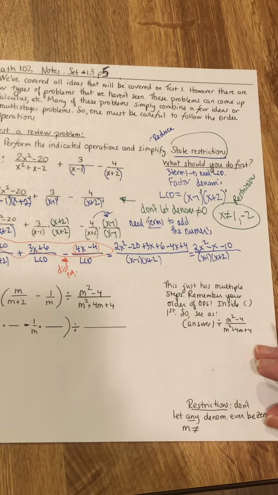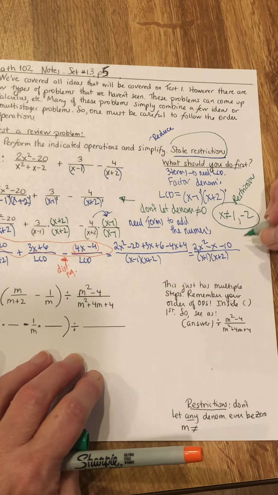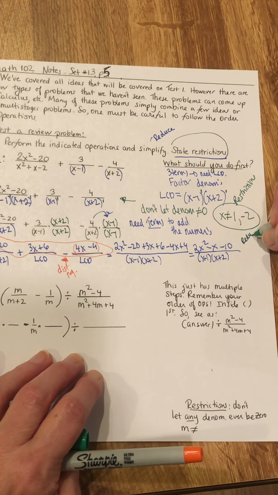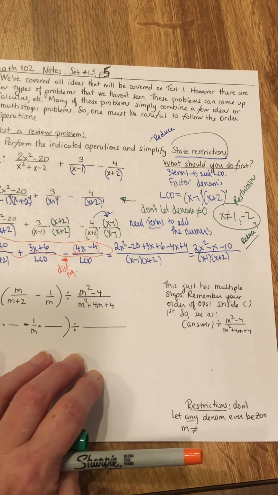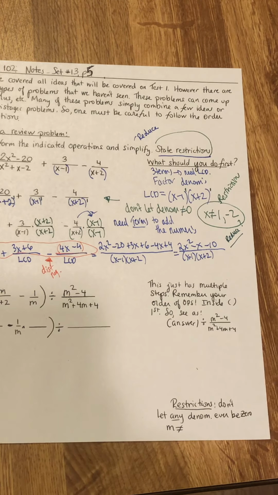So we're most of the way there. When you add fractions, sometimes you get a fraction that can be reduced, and we like lowest form. To reduce, we need factors.